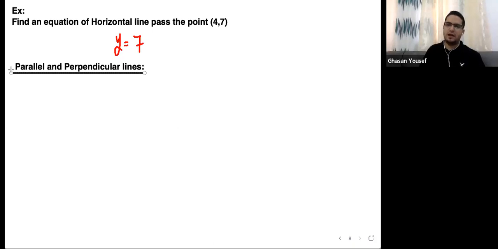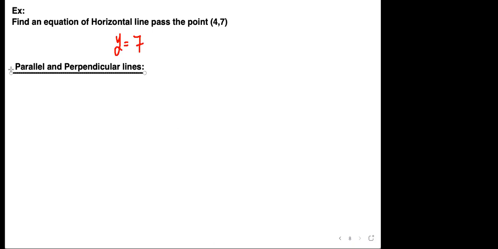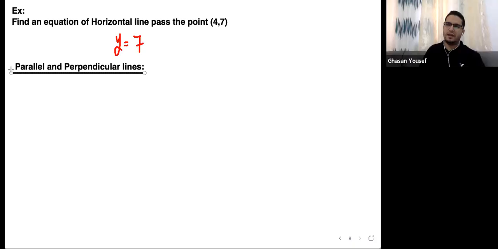Instead, they give you another line related to the line I'm looking for the equation of. So we can find the slope from the parallel line. I'm going to explain that more. In the beginning, I'm going to talk about the parallel line.